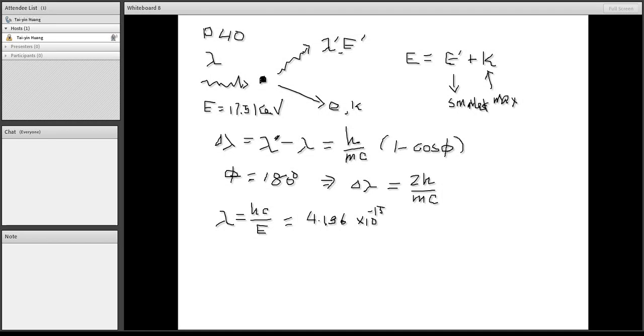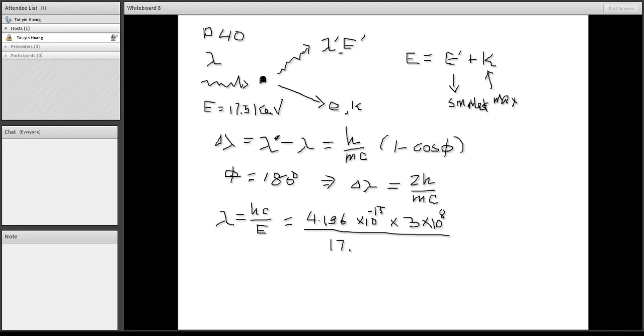This is the Planck constant in units of eV times seconds, and then times the speed of light, which is in SI units. You might say we are mixing two different units together, but that is okay, because in the denominator the energy is expressed in eV, so eV and eV cancel. What's left is in SI units.